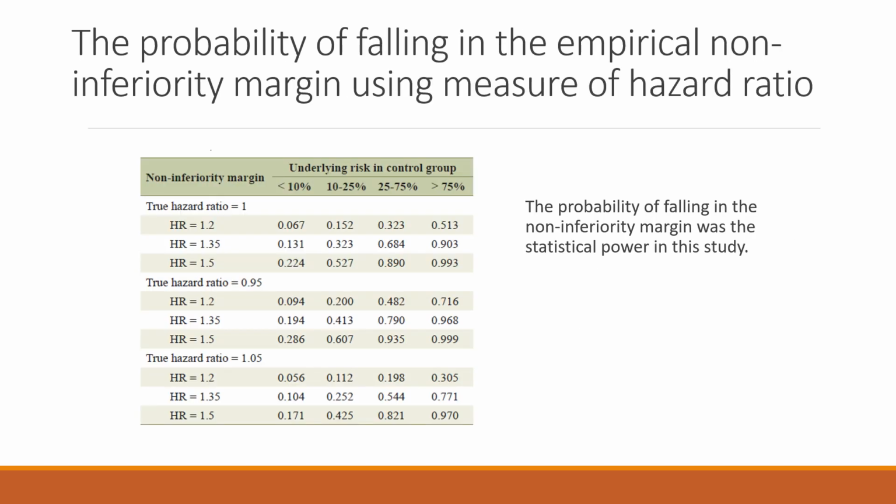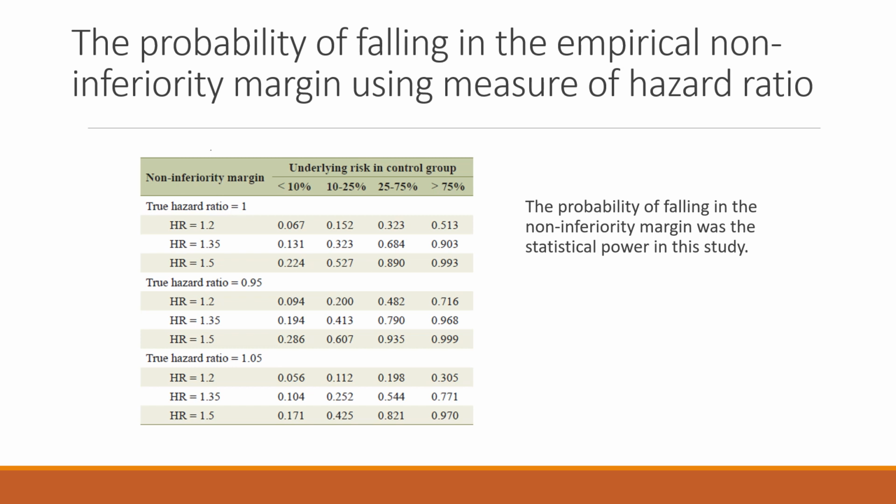When we use the empirical non-inferiority margins, the probability of concluding non-inferiority would increase as the underlying risk in the control increased. The same pattern was observed in the plots of true hazard ratios of 0.95 and 1.05.